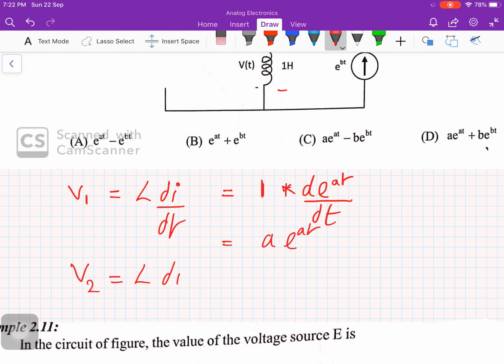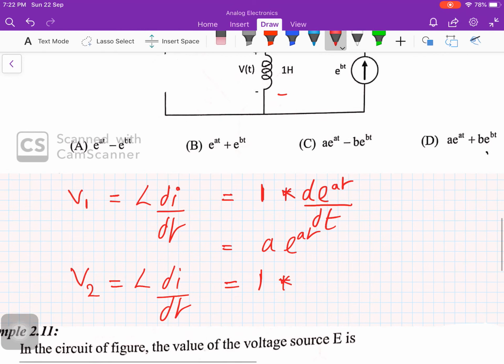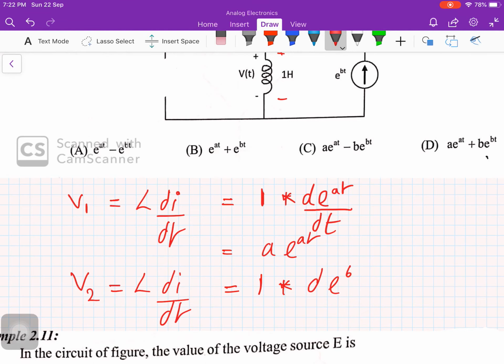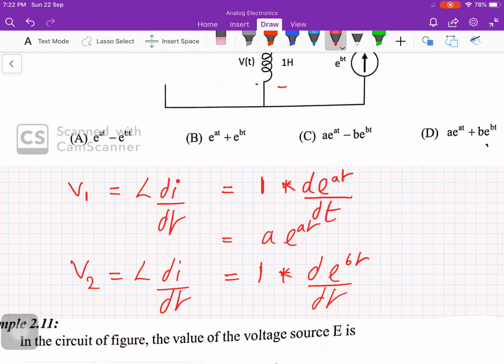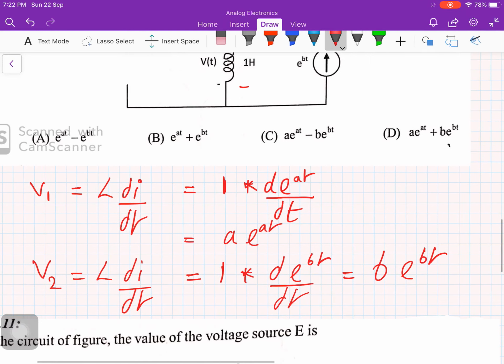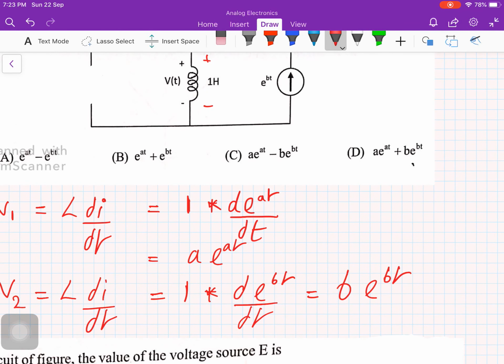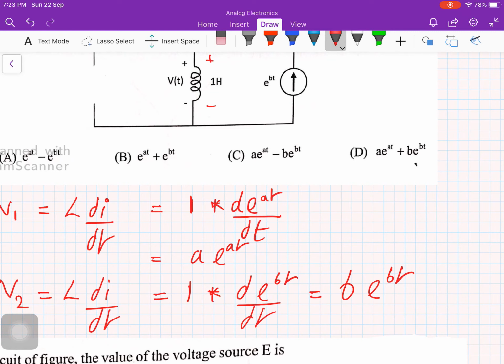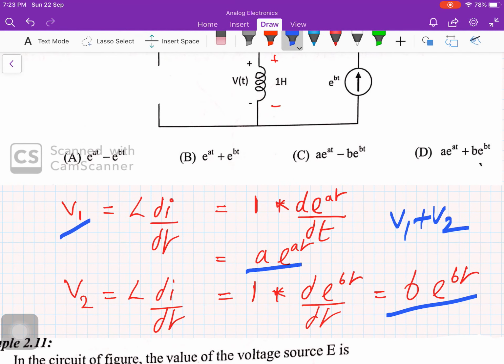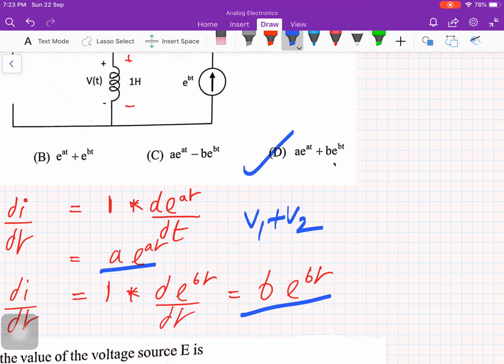Now I get L di by dt again, L being 1 Henry, and di is the derivative of E B E to the power B T by dt, which will give me B E to the power B T. So once I get this, my answer is simply this plus this, V1 plus V2, superposition. So my answer is this.